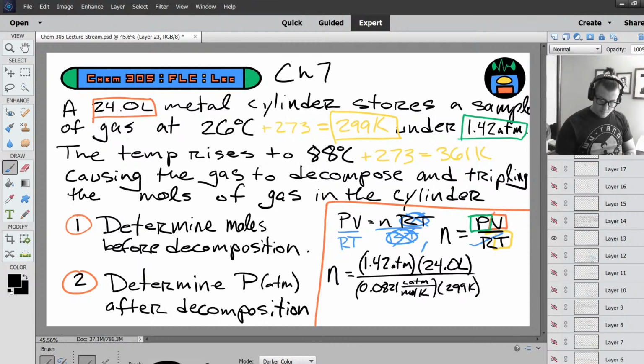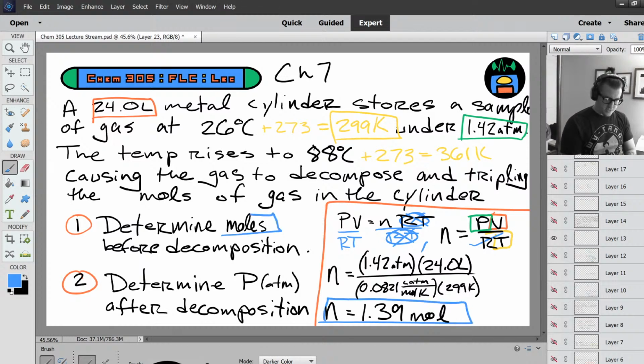So our moles, let's see, we can keep 3 sig figs, before the decomposition is 1.39 moles. So that is the answer to step number 1.